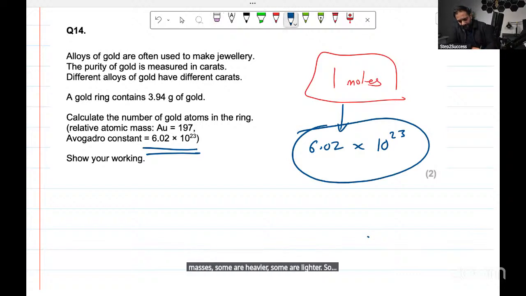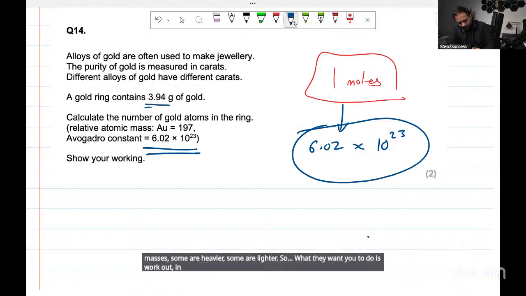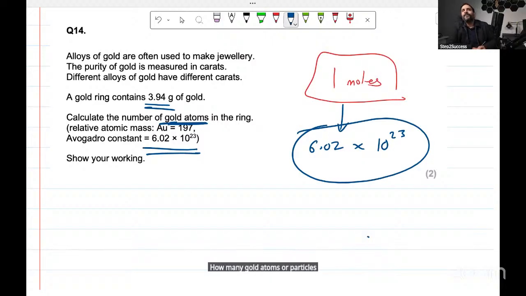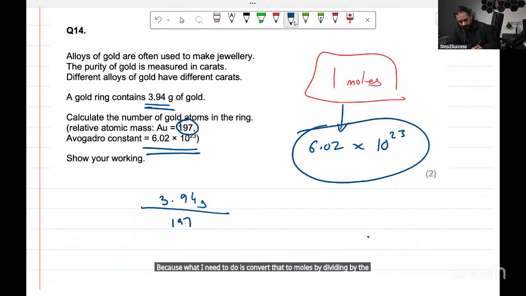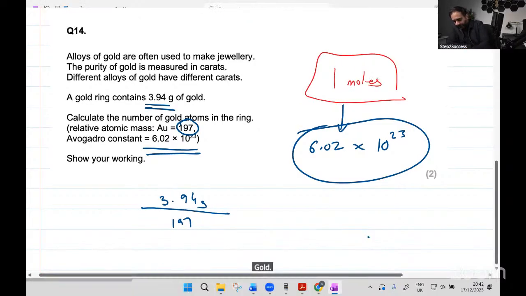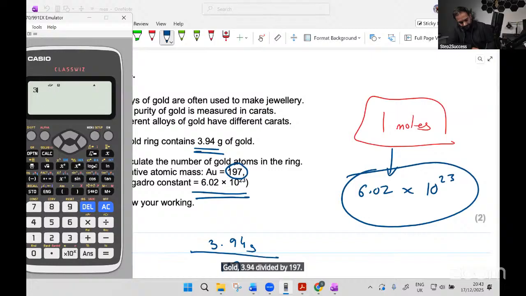So what they want you to do is work out in this gold ring how many gold atoms or particles there are. So I've got 3.94 grams of gold, which doesn't tell me anything. Because what I need to do is convert that to moles by dividing by the MR of gold. 3.94 divided by 197 is 0.02.